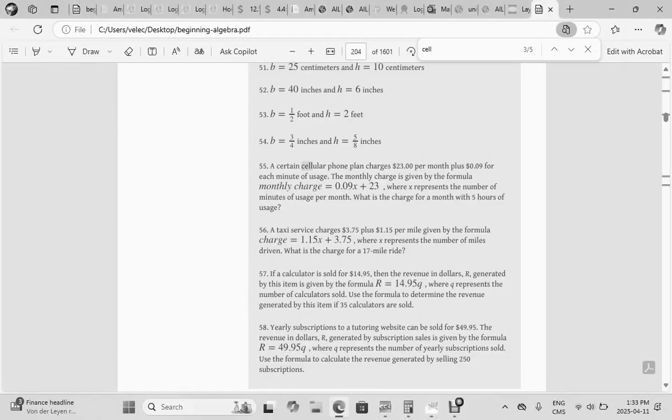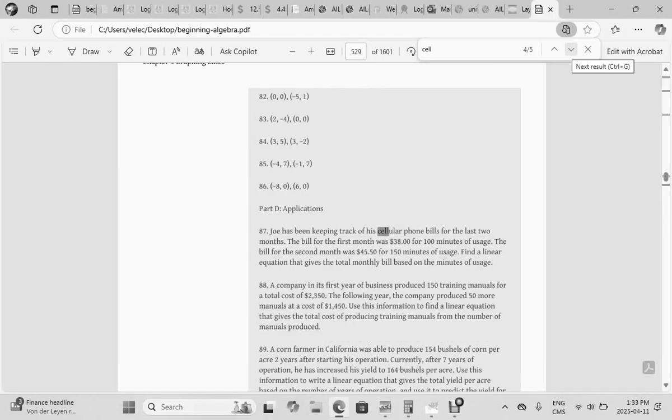All right, so further down, XYZ has been keeping track of his cellular phone bills for the last 2 months. The bill for the first month was $38 for 100 minutes of usage. The bill for the second month was $45.50 for 150 minutes of usage.